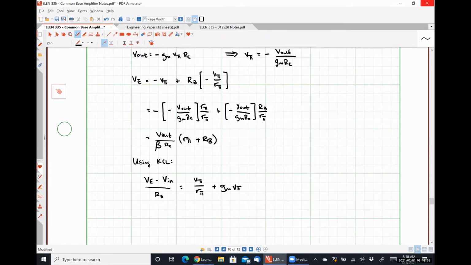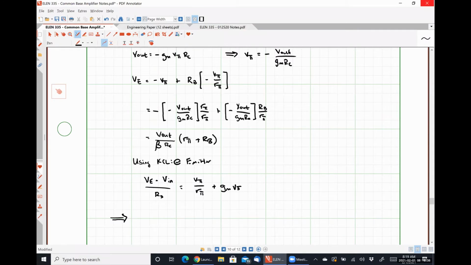I'm now going to substitute in my relationships for VE and V pi. This one gets lengthy. So I'm saying the current that flows through my source resistance RS is the total voltage drop over RS divided by the resistance RS. I'm applying Kirchhoff's current law at the emitter here, to be specific, okay?